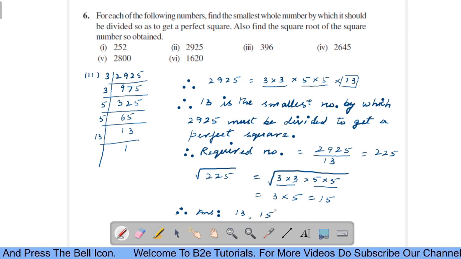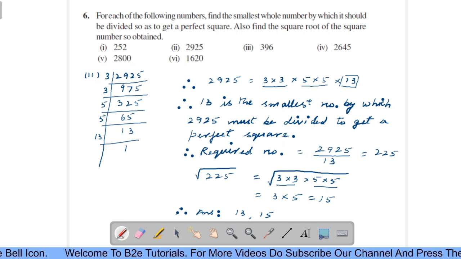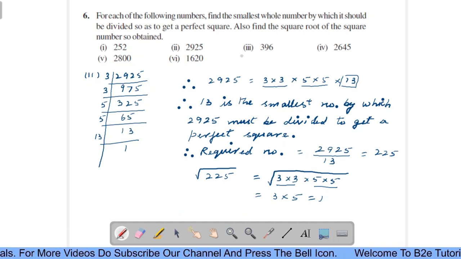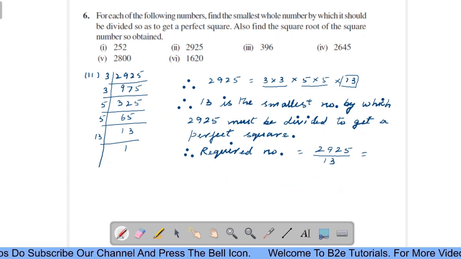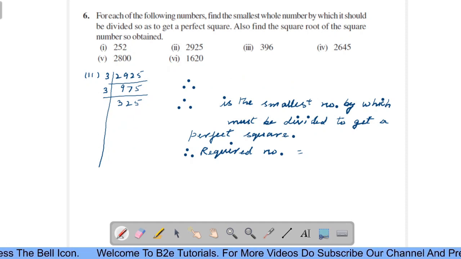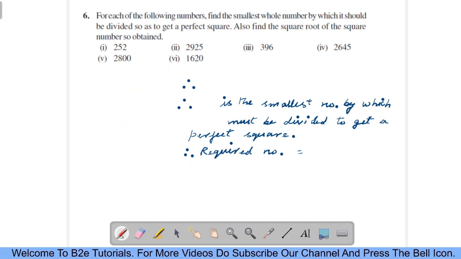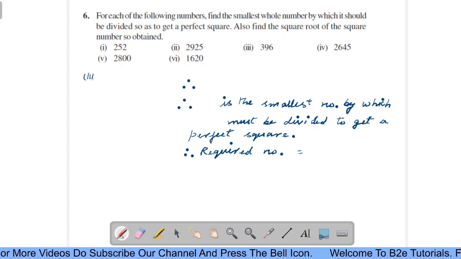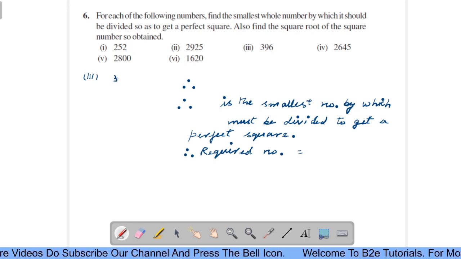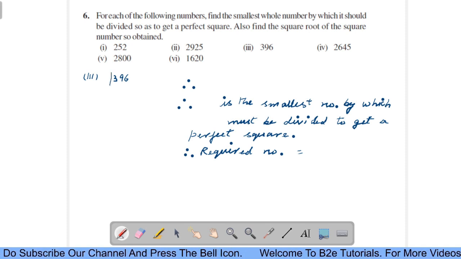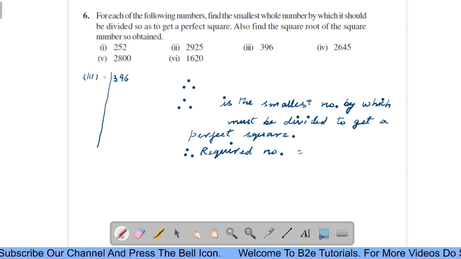Now come to next part. Now come to third part. It is 396. Now find out prime factors of 396.